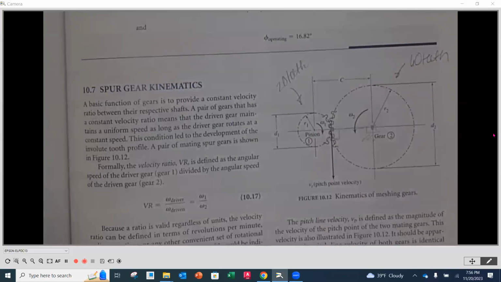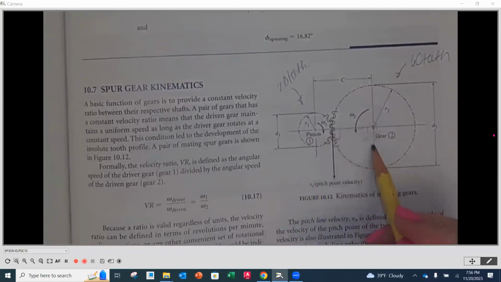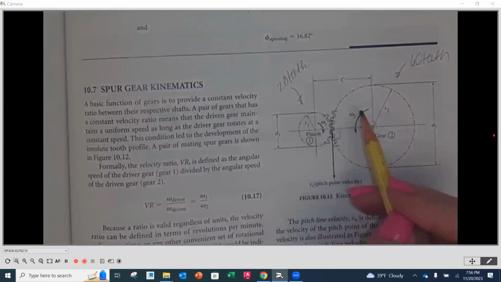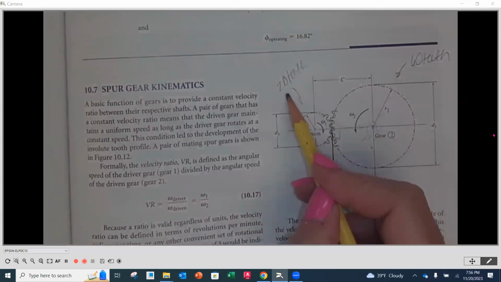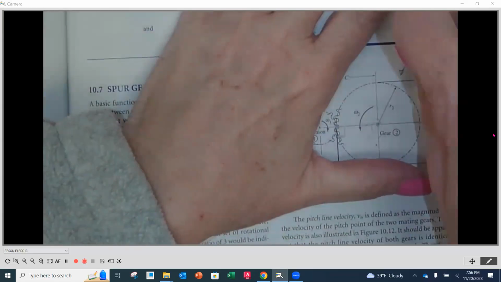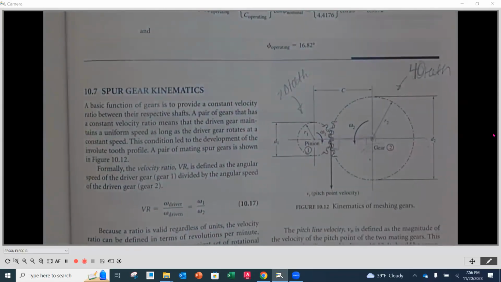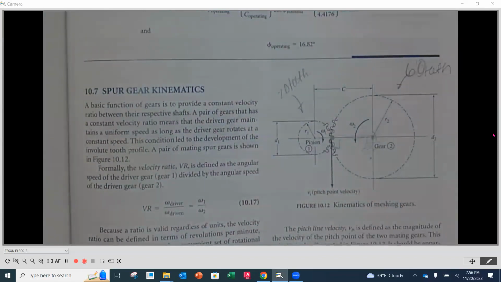If it's 2 to 1, that means this has to go around 2 times before this goes around once. If I have 20 teeth on my pinion and I'm a 2 to 1 ratio, my gear has to have 40 teeth. If I'm a 3 to 1 ratio, with 20 on my pinion, this has to have 60.